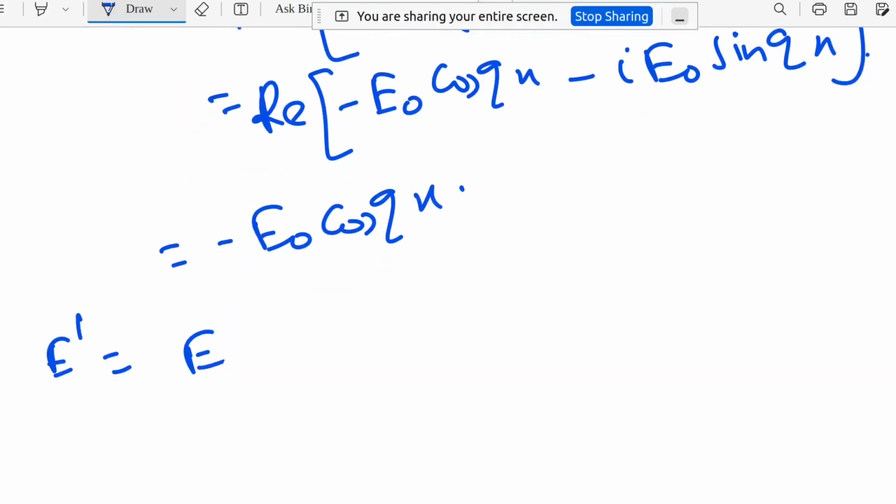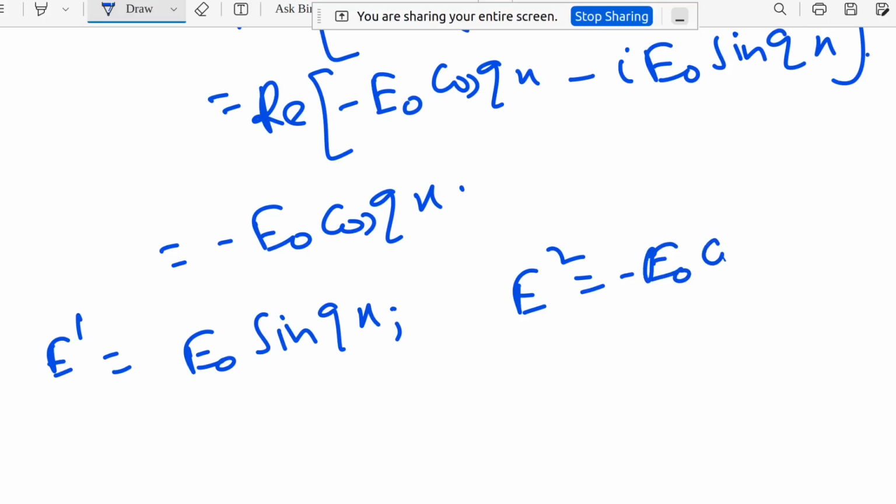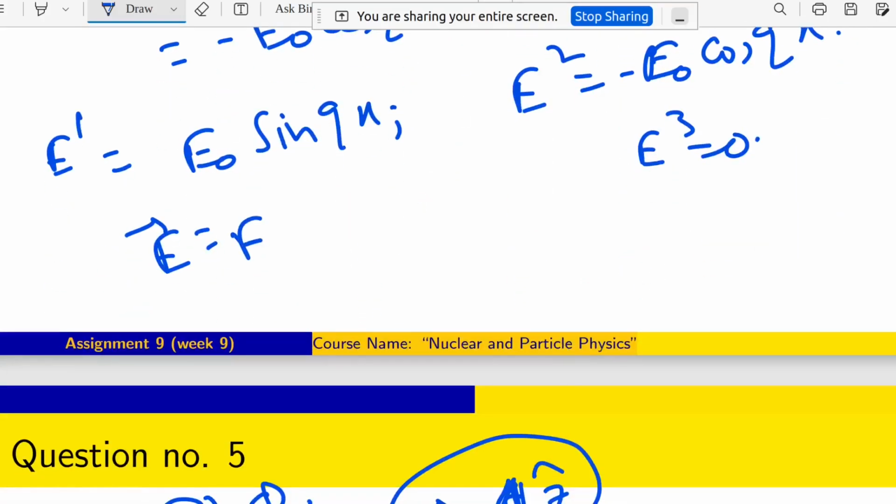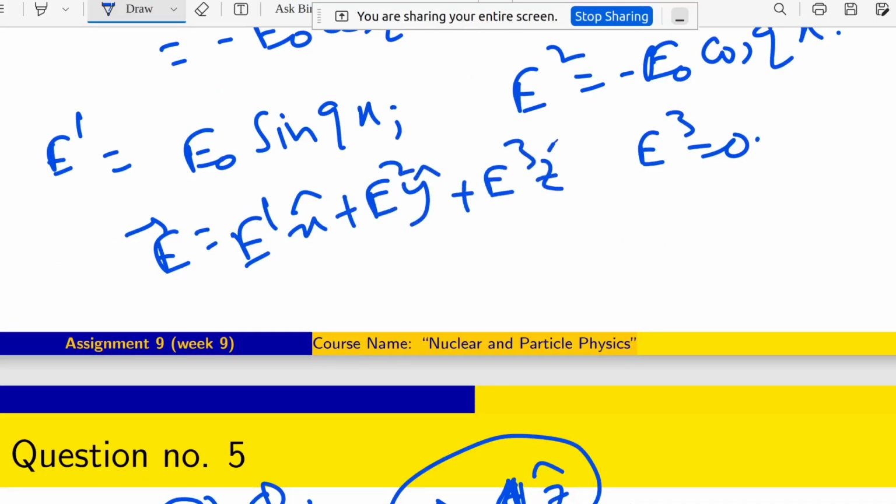So E1 we got as E0 sin qx, and E2 we got as minus E0 cos qx, and E3 is 0. So what will be the value of the E vector? E vector is nothing but E1 x cap plus E2 y cap plus E3 z cap.